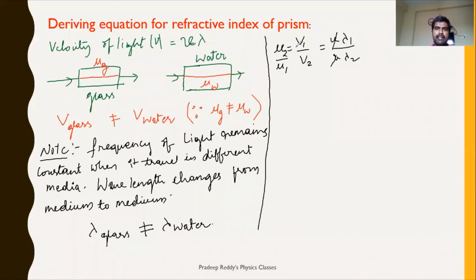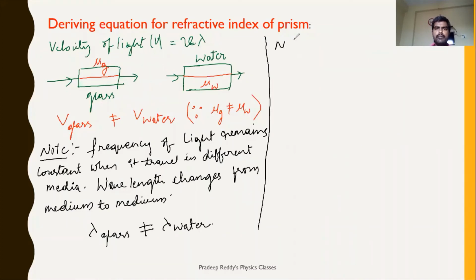Therefore, refractive index changes with respect to wavelength. Of course, this part we have already discussed in the previous chapter itself. You need to remember that. So my intention is, when light is traveling through different media, its speed varies because its wavelength is undergoing change, right? That is one important thing you should understand.